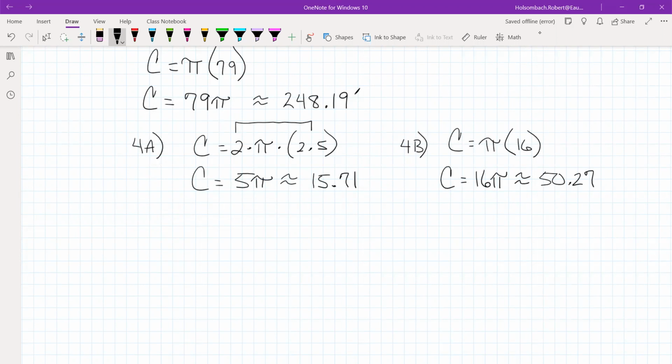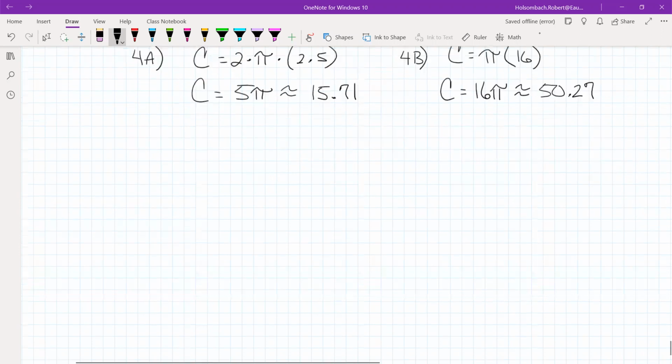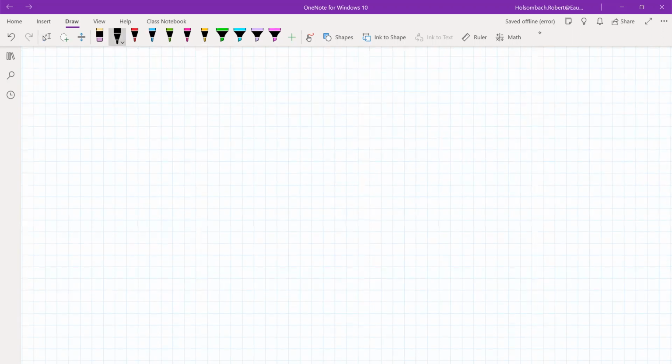All right, so turn the page and look at the top of page 700. Find the diameter and radius. All right, so what we're going to do here for a second is we're going to go back to this circumference formula.